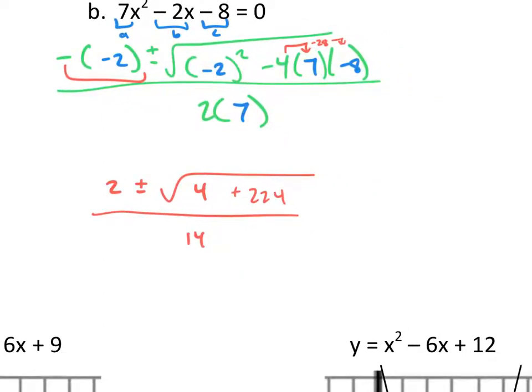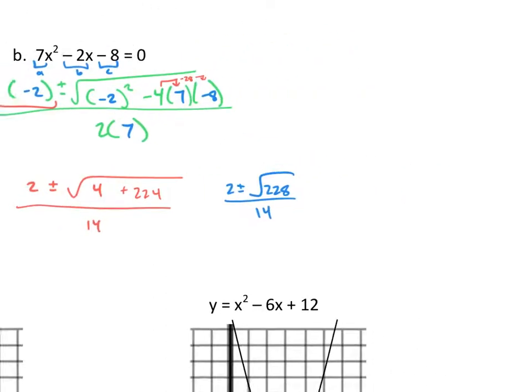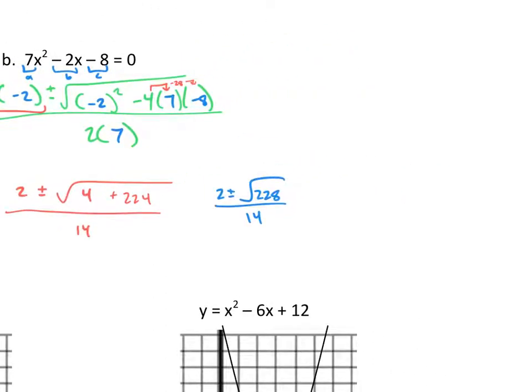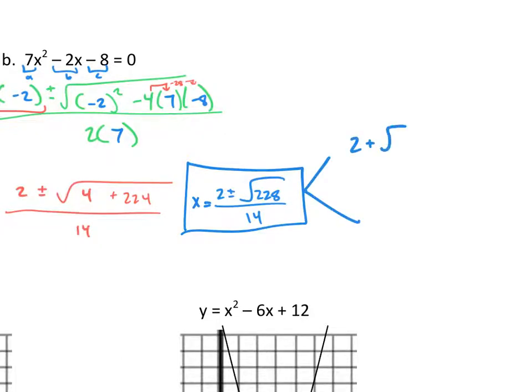So what we're going to be looking at now is 2 plus or minus square root of 228 all over 14. Now, if you try to square root 228, you don't get a perfect square, which means that this is essentially how we'd see the answer on the ACT or in textbook answer keys. To find the two decimal versions, though, we need to do both the positive case and the negative case.